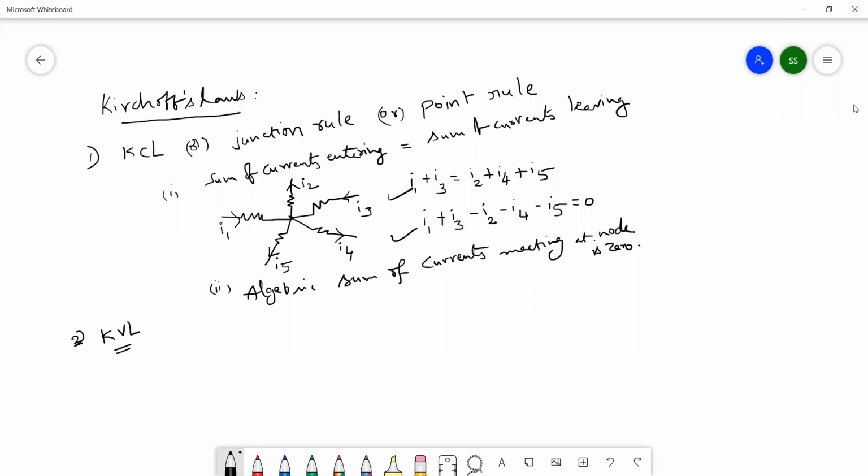Here I will draw the circuit. Before that, I will give another name for Kirchhoff voltage law. We can also call it the loop rule, because here we are considering a closed loop, so we can call it Kirchhoff's loop rule.